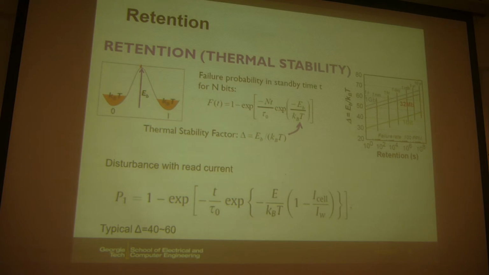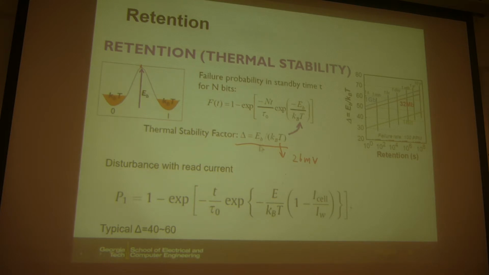Let's say the thermal stability factor, delta, is defined as the barrier height divided by kT, which is the thermal energy. At room temperature, this is about 26 milli electron volts.